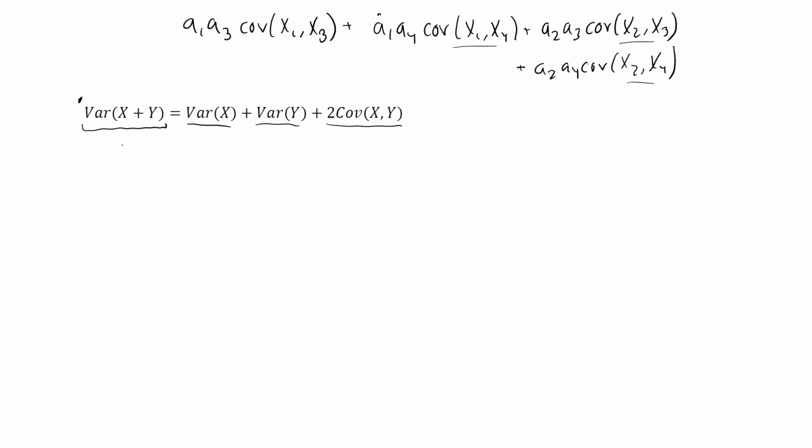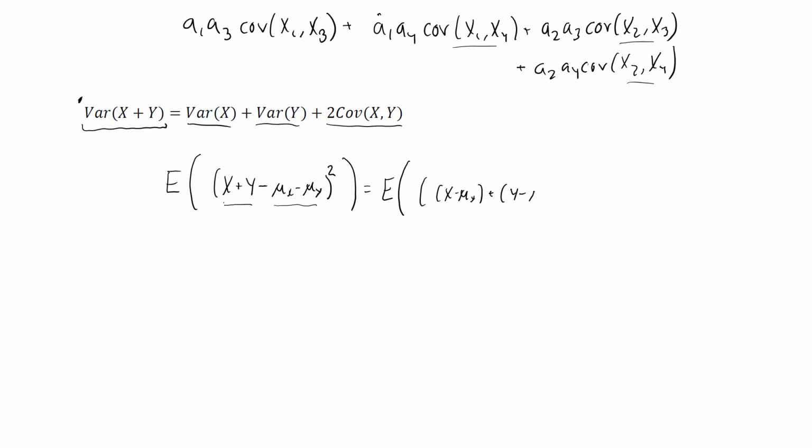We'll just use the fact that the variance of X plus Y is the expected value of (X plus Y minus mu_x minus mu_y) squared. We take X plus Y, we subtract the expected value of that, and we square it. By just rearranging terms, this is the expected value of (X minus mu_x plus Y minus mu_y) squared.